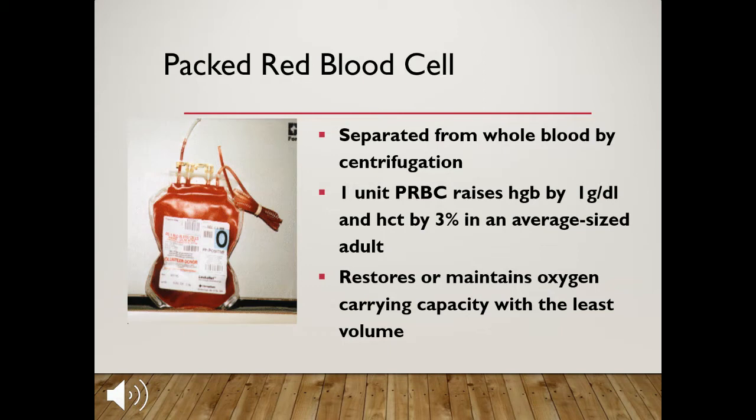So for example, the patient's hemoglobin prior to transfusion is 7 grams per deciliter. After 1 unit, you expect that to be 8 grams per deciliter or 80 grams per liter. And PAC-RBC also restores or maintains oxygen carrying capacity with the least volume.